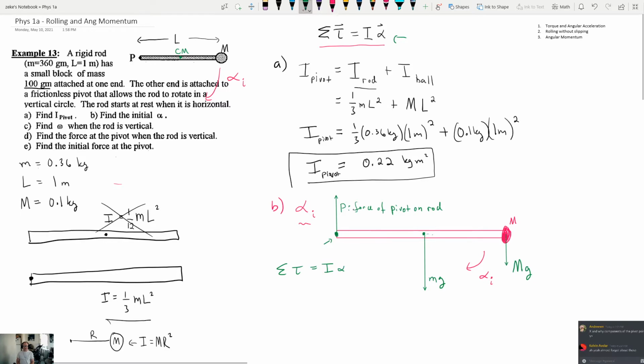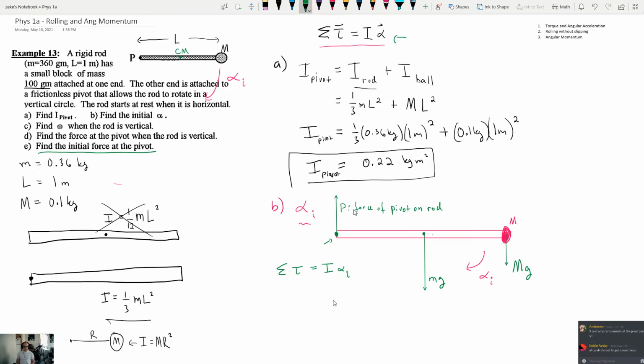So we'll put that in this equation too. Both little mg and big Mg are going to create torques that cause the angular acceleration in the same direction, so we can make all these torques positive. The pivot isn't going to create any torque about this point because the pivot force pulls on this, but we're going to need to calculate that later.